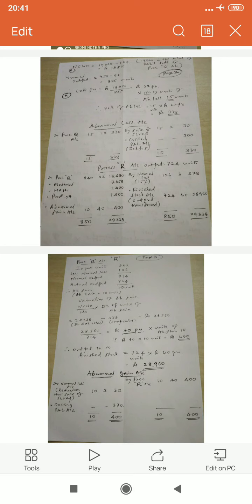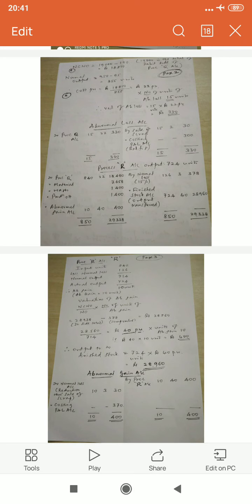Now, a slight interesting point to be noted in connection with credit side of abnormal loss. Sale of scrap. What about the units of abnormal loss? Number of units of abnormal loss stood at 15. However, what about the realizable value of scrap?